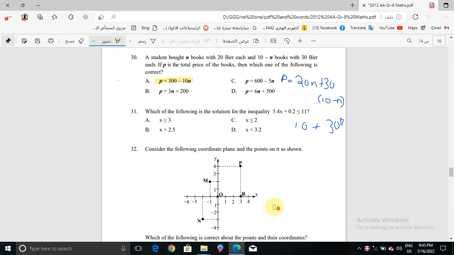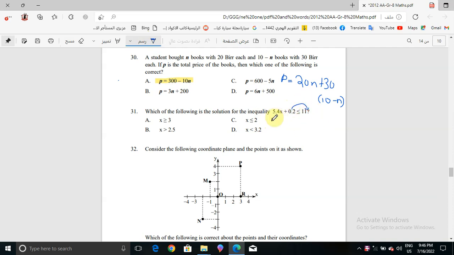Okay, now in question number 31, it says which of the following is the solution for the inequality 5.4x plus 0.2 less than or equal to 11. Okay, let's solve it together here. What we will do, we have 5.4x plus 0.2 is less than or equal to 11, right? Then we will shift 0.2 to the side of 11.